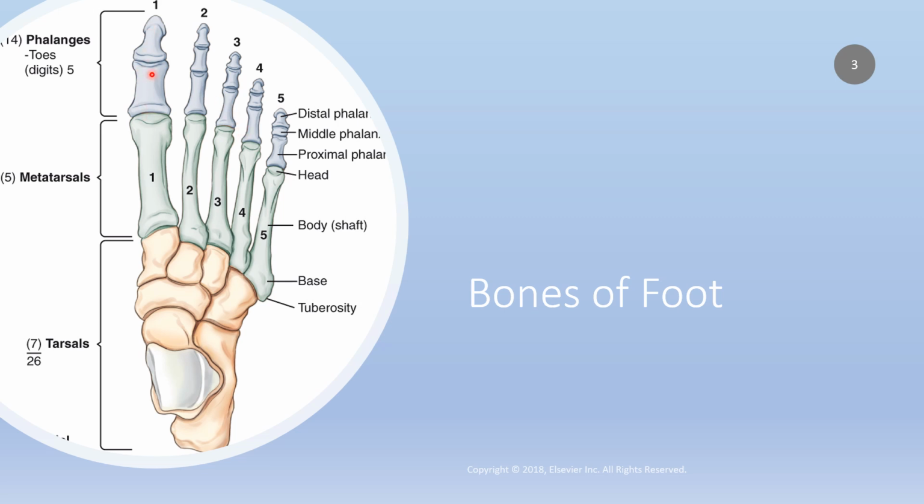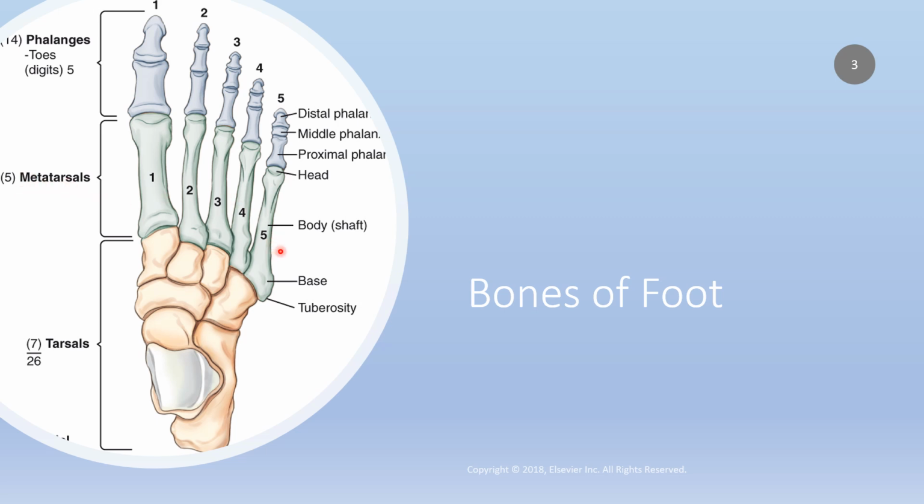So the first digit has a proximal and distal phalanx, and then digits 2 through 5 have a proximal, a middle, and a distal phalanx. Just like with the hand, each phalanx has a head, a body, and a base. And then instead of metacarpals, now we have metatarsals.